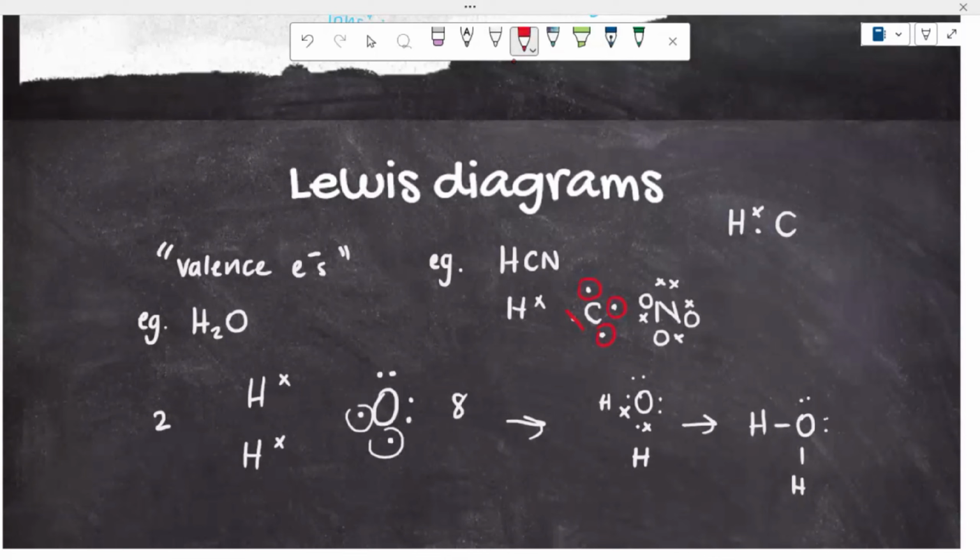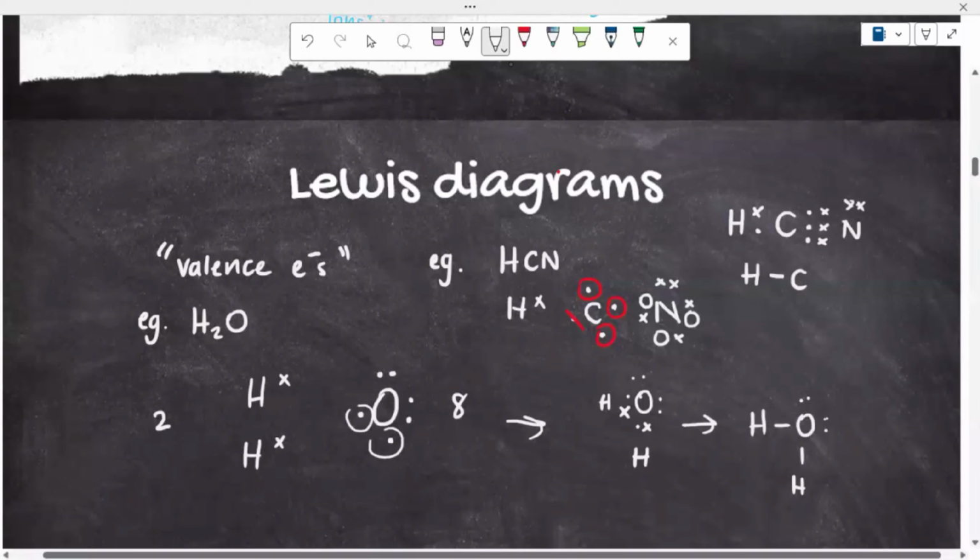So what happens is we then form a triple bond here, where we have all our electrons from our carbon lined up, and then the unpaired electrons from the nitrogen will also line up here, and then we still have our lone pair over there. That would be represented as a single bond between the hydrogen and the carbon, and a triple bond between the carbon and the nitrogen.